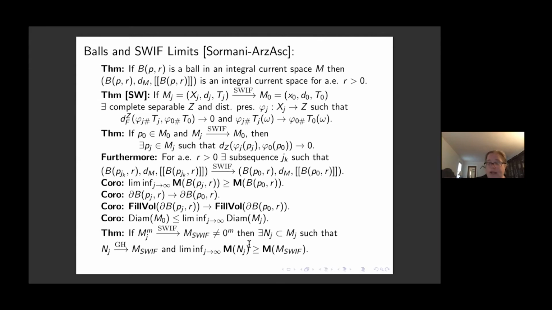So it's actually quite large. These are large NJs. They have large mass or large volume, including the weight. And they Gromov-Hausdorff converge. So this is a theorem that says you can actually cut off the wells and find a Gromov-Hausdorff converging region inside.